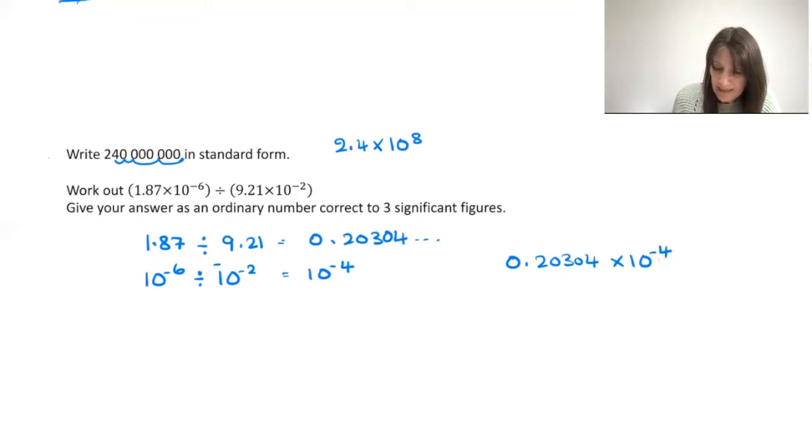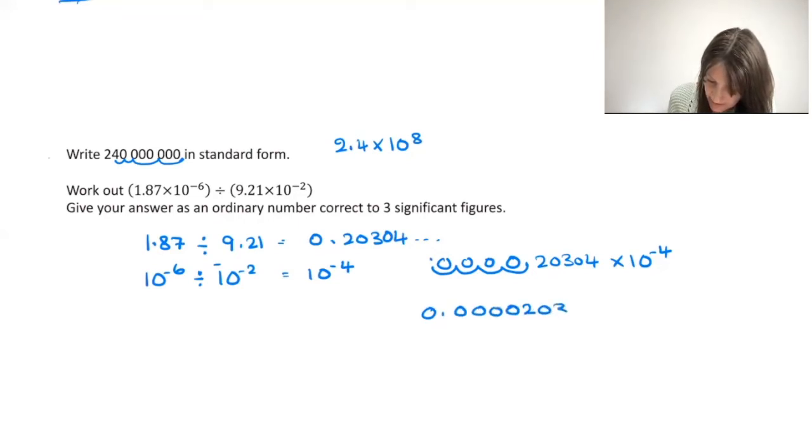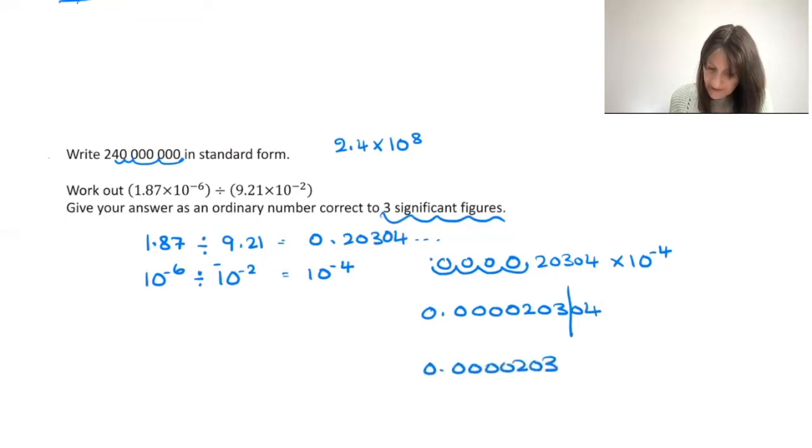Minus 4 is move it 4 places, 2, 3, 4, to make an even smaller number, and rewrite it clearly. I've got 1, 2, 3, 4, then the 2, 0, 3, 0, 4, and it wants 3 sig fig, so we'll be cutting it there. There's your final answer.